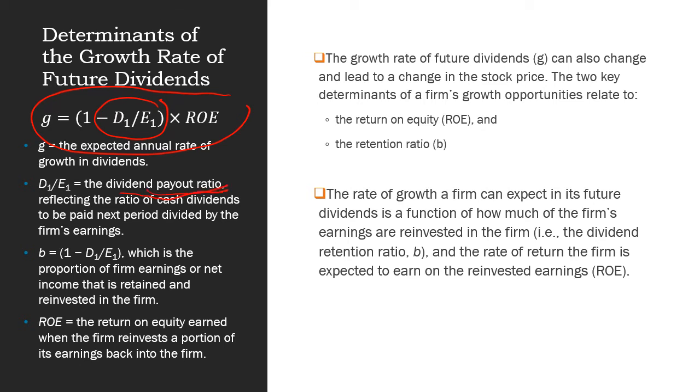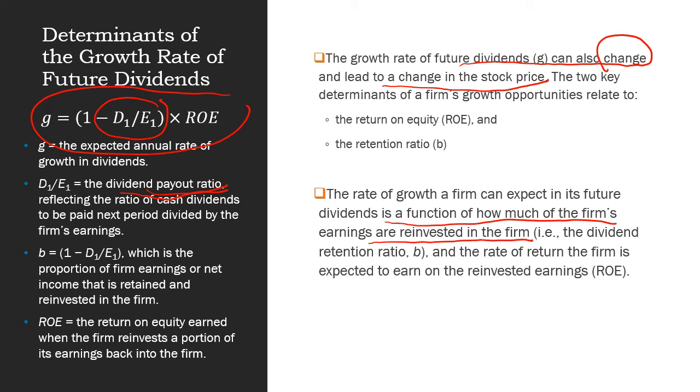So the growth rate of future dividend, as I said, can also change and lead to a change in the stock price. Okay, so the rate of growth of the firm's expected future dividend is a function of how much of the firm's earnings are reinvested in the firm.